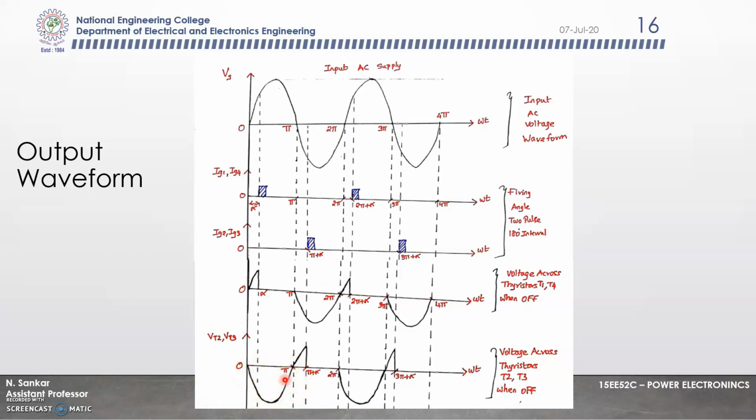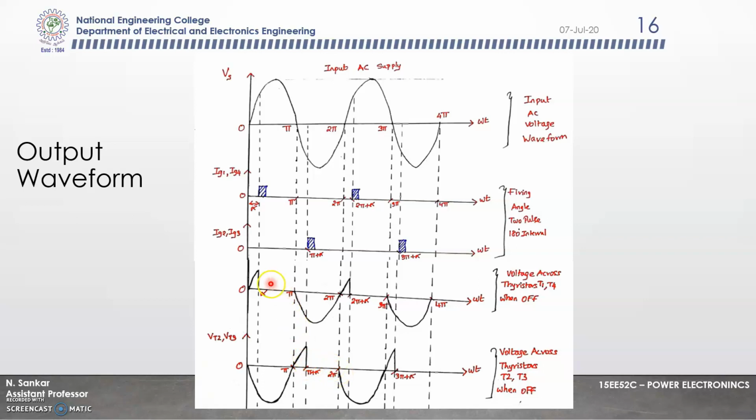After that, during the negative cycle, thyristor 1 and 4 will follow the neutral and phase waveform, that is the same as your input voltage. Thyristor 2 and 3 will have a reverse voltage, that is a positive voltage from pi to pi plus alpha. After that it gets turned on, so there is zero voltage.